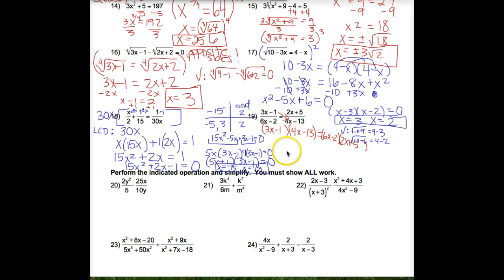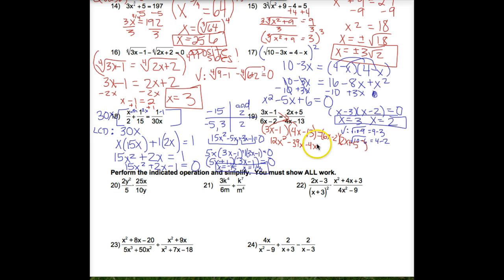So now both those sides need FOILed because it's a binomial times a binomial. So 3x times 4x is 12x squared for my firsts. Outsides, 3x times negative 13 gives me negative 39x. Insides, negative 1 times 4x is negative 4x.